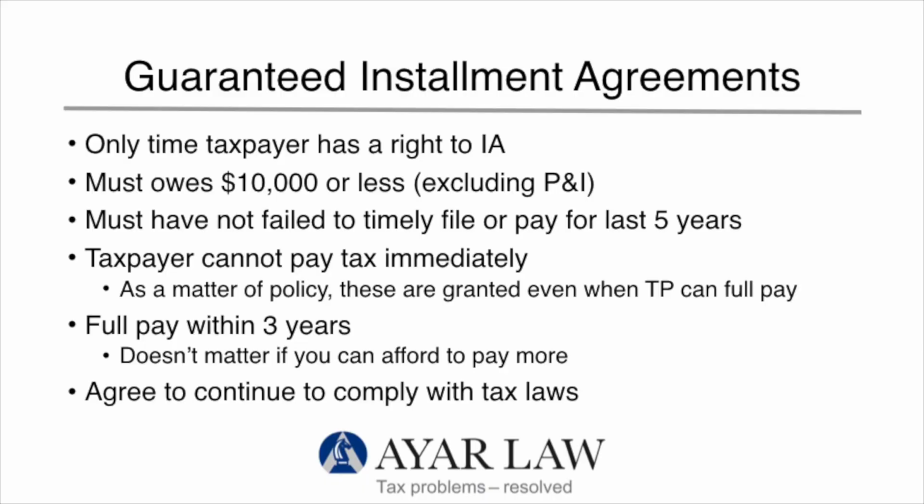This is the only time a taxpayer has a guaranteed right to an installment agreement, and they have to meet these qualifications. They have to owe $10,000 or less. That excludes penalties and interest. This is just the tax balance. They must not have failed to file timely or pay on time for the last 5 years. So we're talking about old debts.